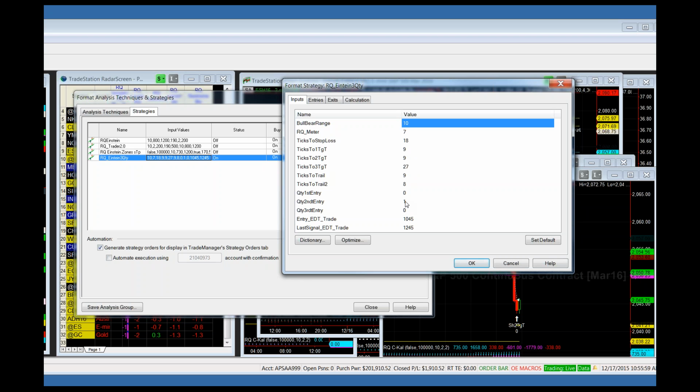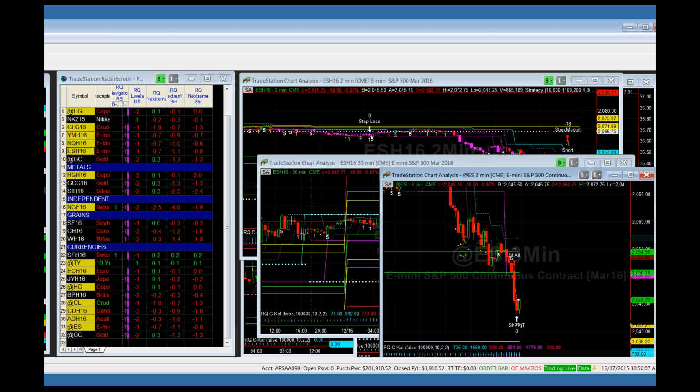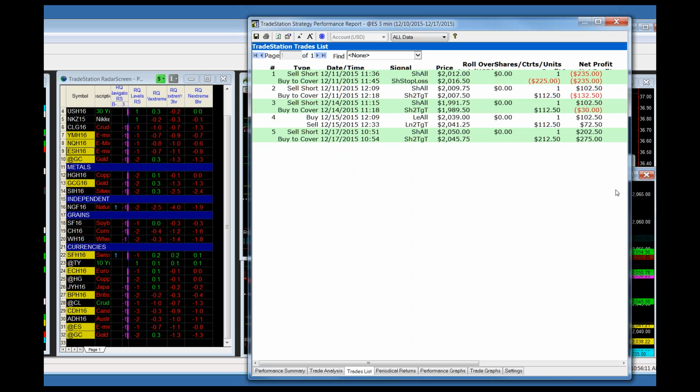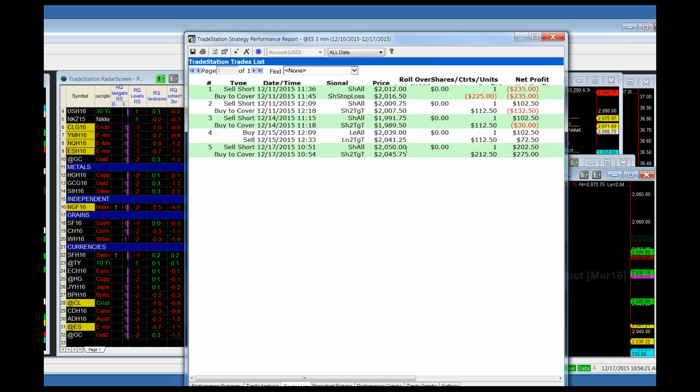I'm only running 1 contract on this one, so this one got out on a pullback. That was good for 212 bucks. Got in at 20.50 and it got out at 20.45 and 3/4.